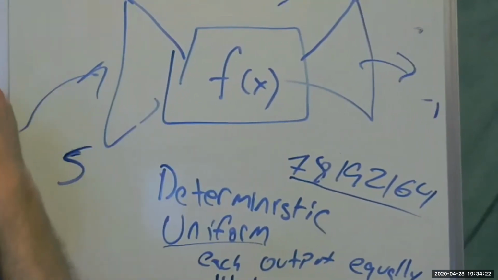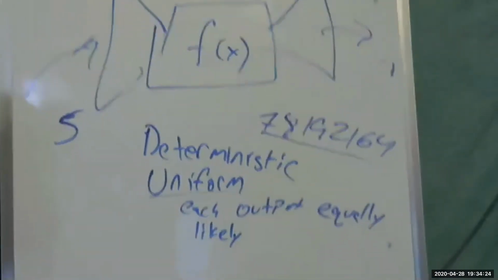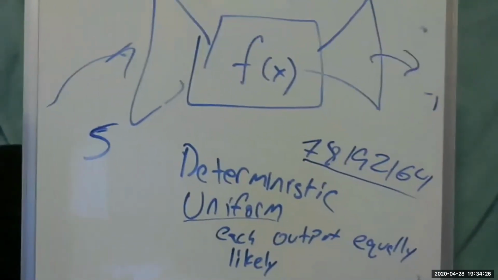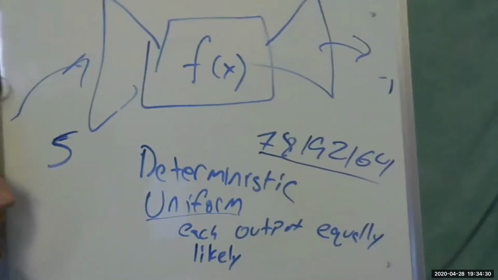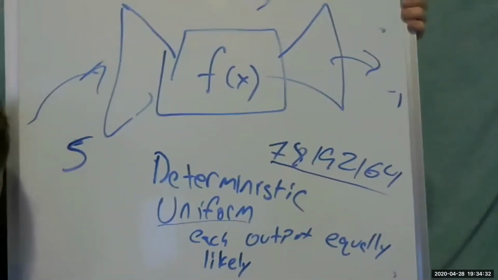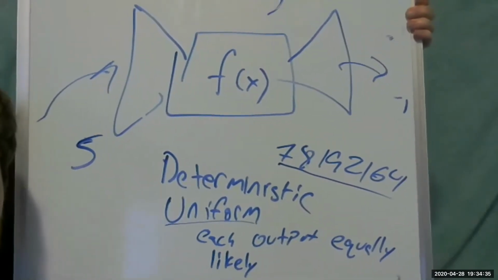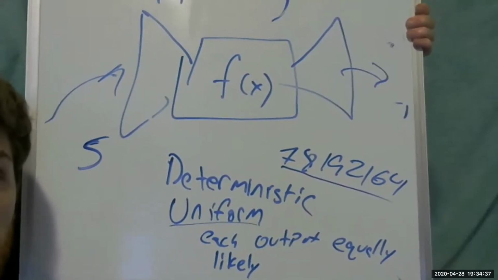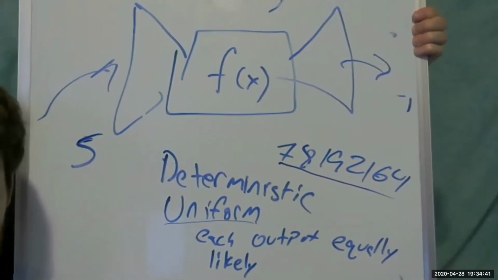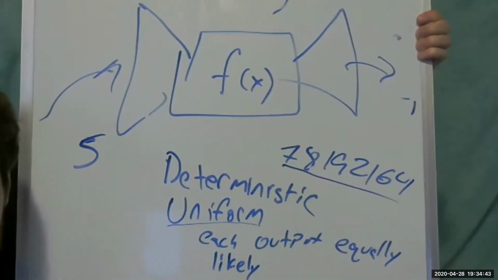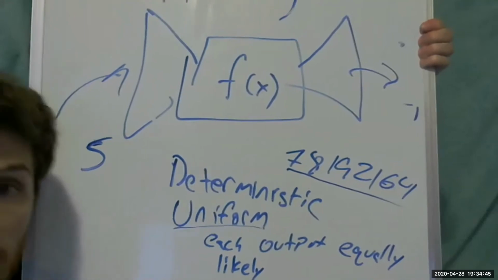Okay, so because of that, we have no idea what the output will be. Given something to put into our hashing function, we have no ability to predict what's going to come out, because every possible outcome is equally likely.